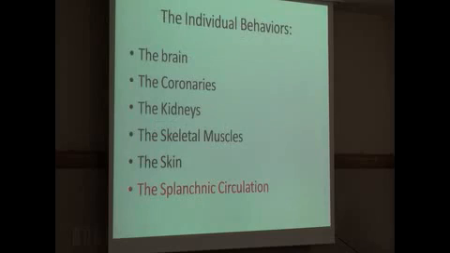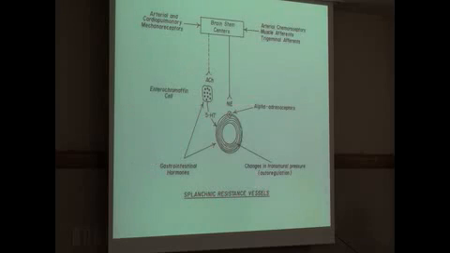The splanchnic circulation is another one that is a major contributor to reflex regulation. Because the function of the splanchnic circulation is, if we eat, we have to digest, and then we have to take up what we digest and bring it to the liver. That can wait.